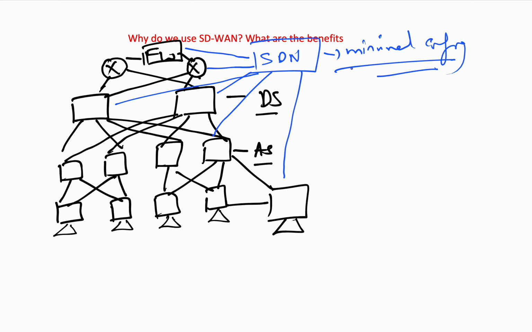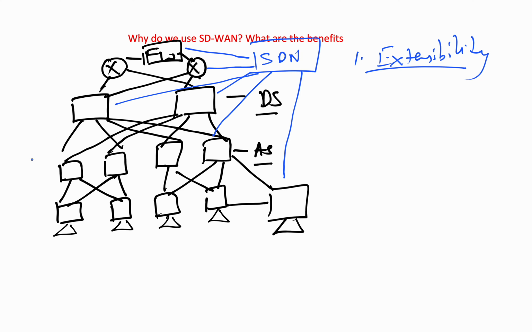The best part, the way it's done in the practical world, is that on the SDN controller itself, you can map all the other devices. So once a new device is added, first we'll talk about extensibility.